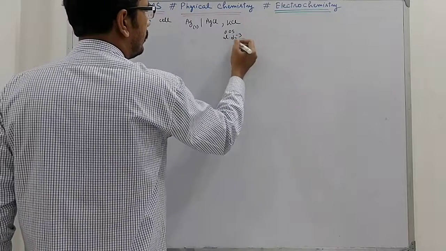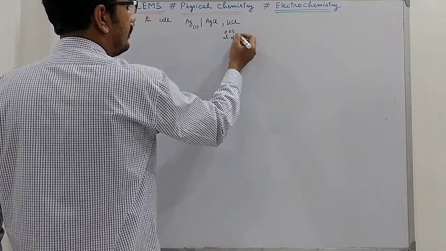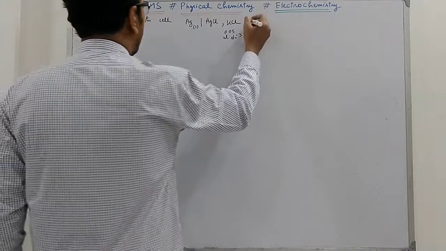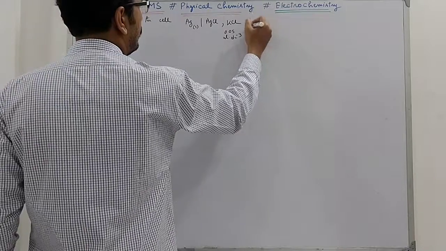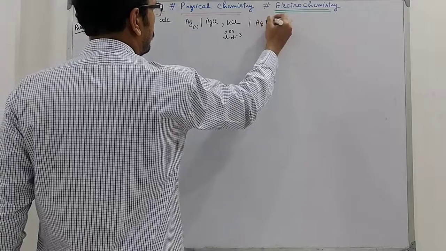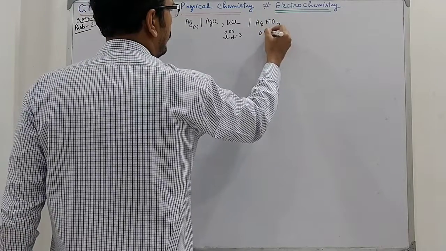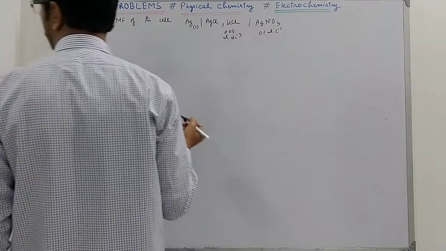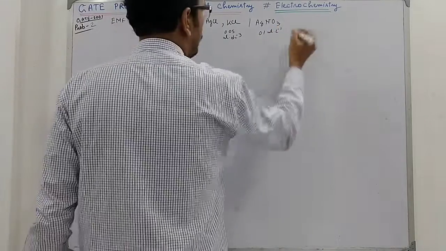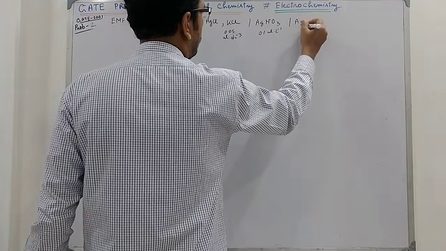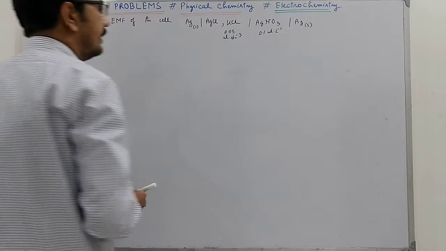Per decimeter cube is liter, so it is actually mole per liter. Then after KCl it is AgNO3, and the concentration given is 0.1 mole per liter. Here they are confusing you with the units. Then Ag(s). This is the given cell.